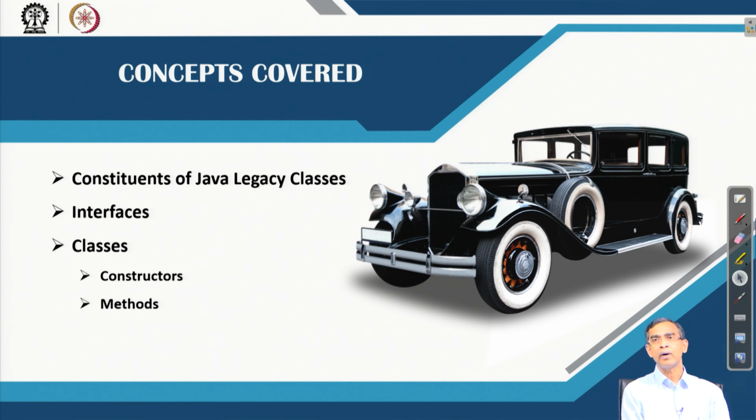So if you want concurrent execution for your collection, the latest collection framework is not suitable because it is non-synchronized, whereas the collections of the Java legacy classes are synchronized. That means parallel program execution is possible.